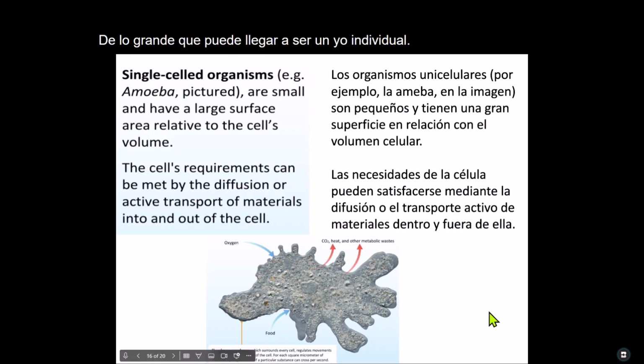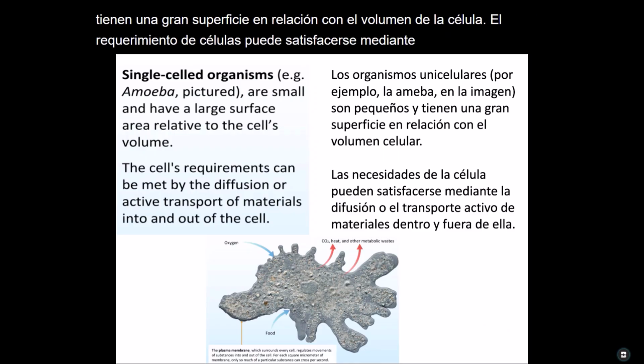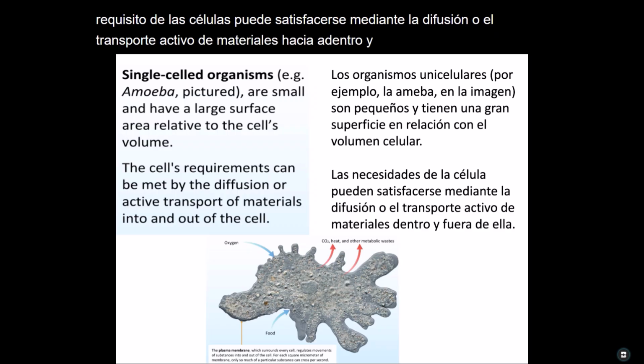A single-celled organism, such as the amoeba pictured, is small, but has a large surface area relative to the cell's volume. The cell's requirements can be met by the diffusion or active transport of materials into and out of the cell.